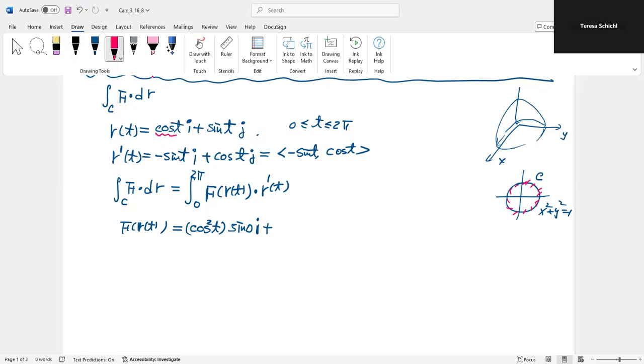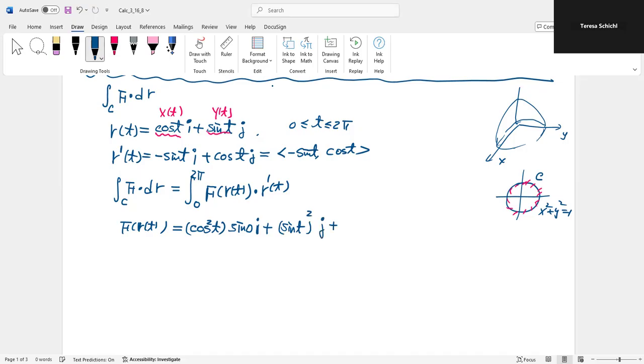We know this is x(t), this is y(t), so y squared will be sine squared t j.